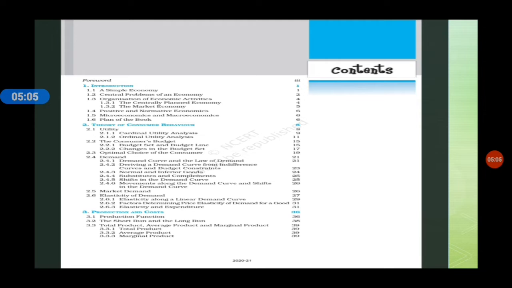Thereafter, normal goods and inferior goods. We have many kinds of goods in an economy. Some goods are called normal goods, some goods are called inferior goods. On the basis of their nature, we categorize them as normal goods and inferior goods.